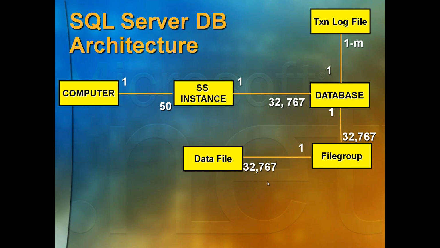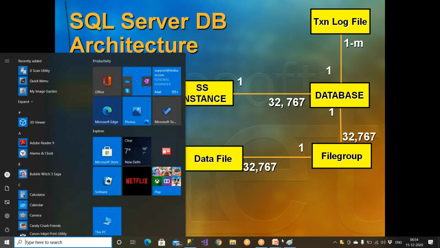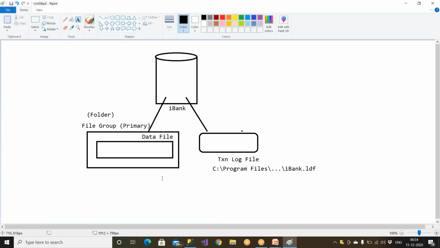Guys, clear? So by default, you will get one data file. Let me show my paint. So I'm going to be having one data file. The data file is divided into pages.